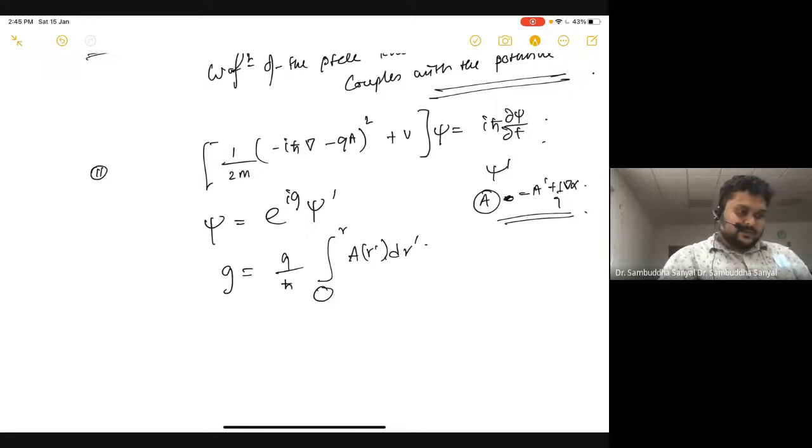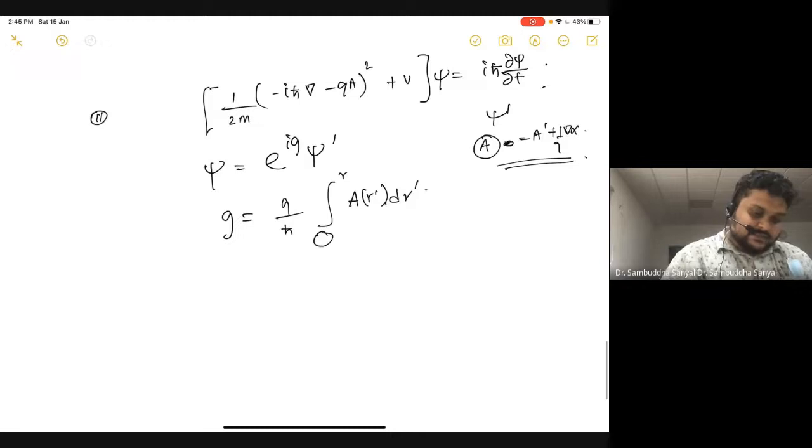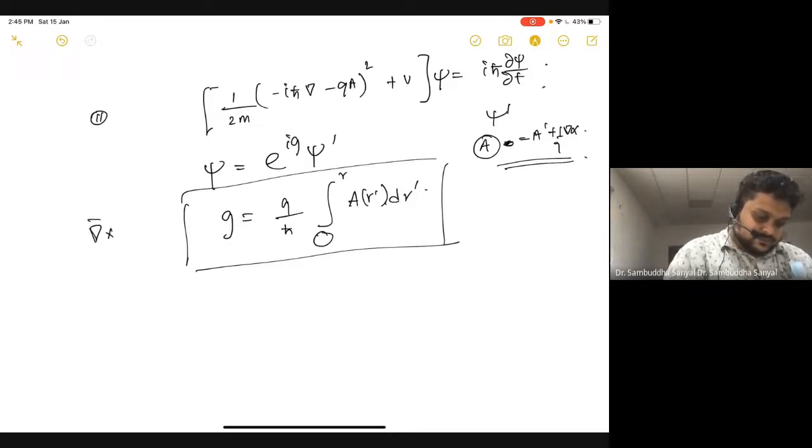The integral runs from r prime, some arbitrarily chosen point, to r, some other point, the point till which you are taking that integral. But note that in order to use this, it must be true that you can write this in the region where curl A is 0.